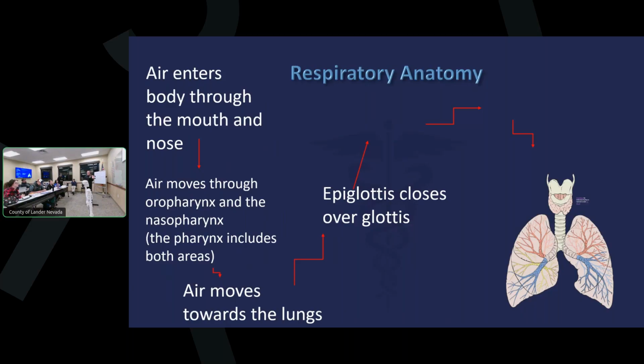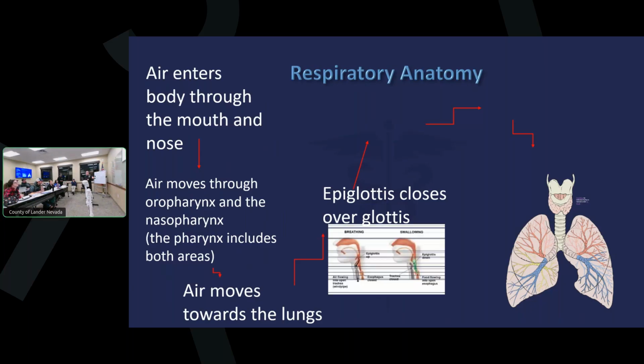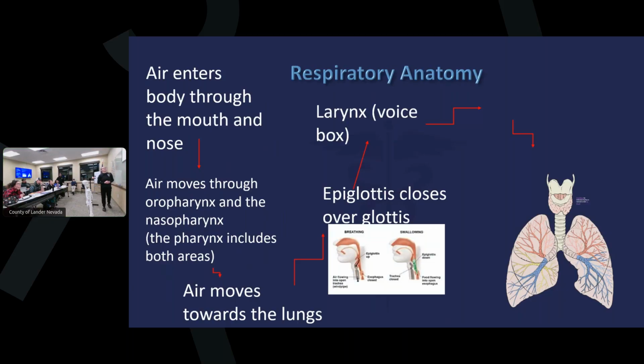So epiglottis. In kids, this likes to get inflamed. They get something called epiglottitis. We'll talk about that. So whenever you take a breath in, it opens, and then as you eat, it's going to close over your trachea to stop the food from going down. That's when people say you went down the wrong pipe, that it didn't close there.